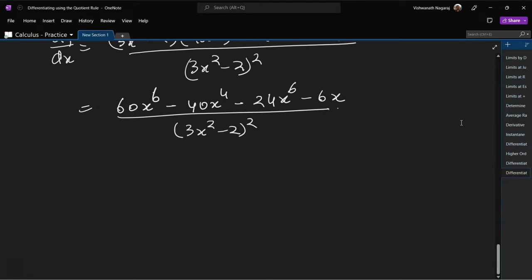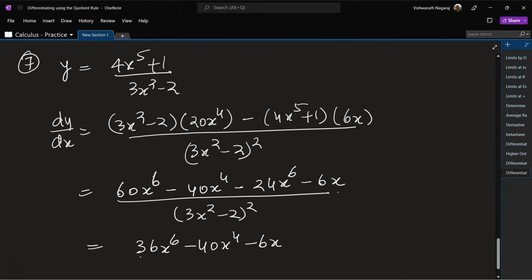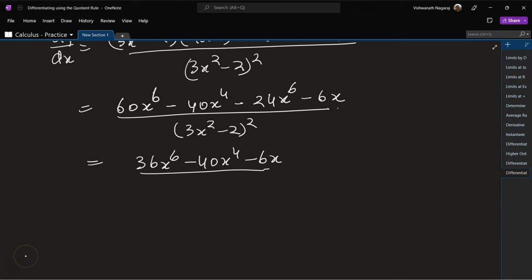Okay, so now simplify this. 60 minus 24 is 36x to the power of 6 minus 40x to the power of 4 minus 6x, divided by, now let's expand it, so 9x to the power of 4 minus 12x square plus 4. Yes. So that is the seventh one.